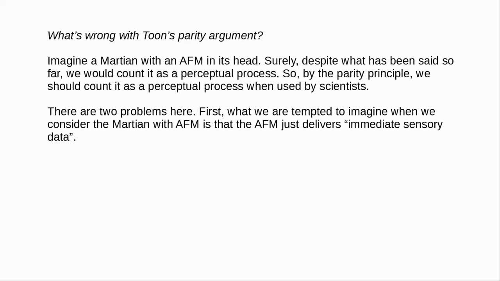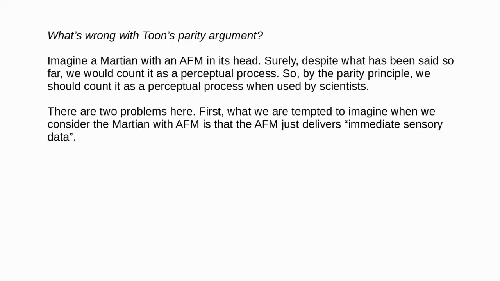When you open your eyes and look at something, you don't literally generate an image. It's not like you literally generate a photograph that you can then manipulate and perceive in some other way, right? And I think that when we imagine the Martian with the atomic force microscope in its head, we just imagine something that delivers immediate sensory data.